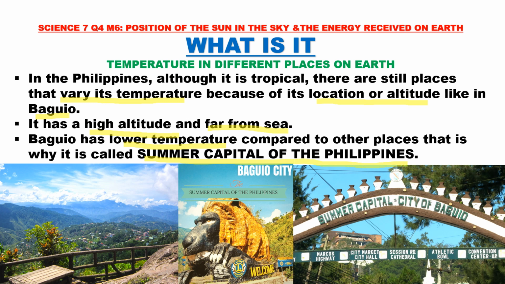Owing to its high elevation in the mountainous Benguet region, the temperature is 8 degrees Celsius lower compared to the average temperature of the rest of the country. The lowest recorded temperature in Baguio was 6.3 degrees Celsius on January 18, 1961.